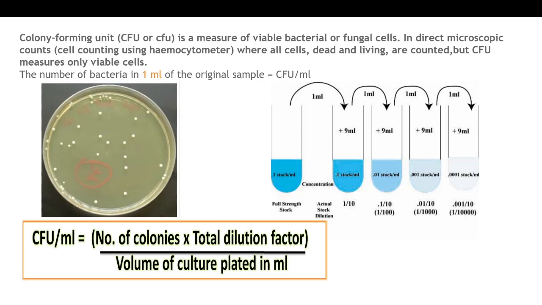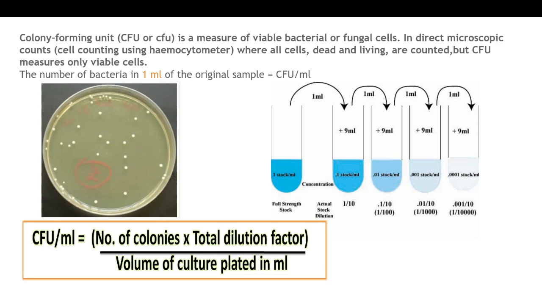In direct microscopic counts, cell counting using a hemocytometer, all cells, dead and living, are counted, but CFU measures only viable cells. How do you count the colonies? You take help of a hemocytometer and try to count how many cells are present.